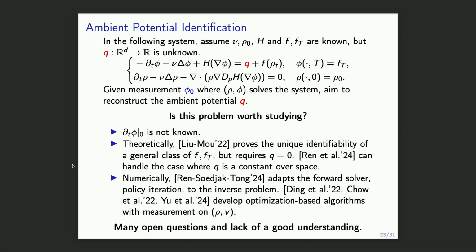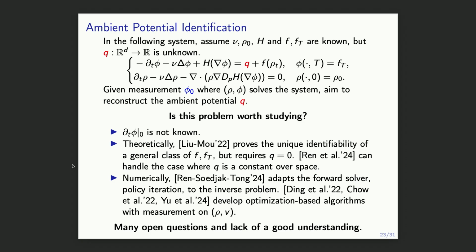And another work that deals with this, what they can do is assuming Q is a constant over space, and then they can recover it. But this is still too much of a constraint. Numerically, there are also some solvers. For example, this work adapts a forward solver to the inverse problem. And in the iteration, every time they need to solve an inverse linear parabolic equation, which can be time-consuming.